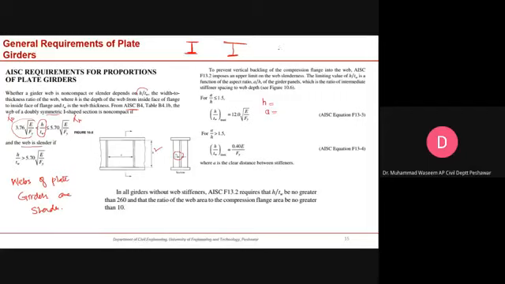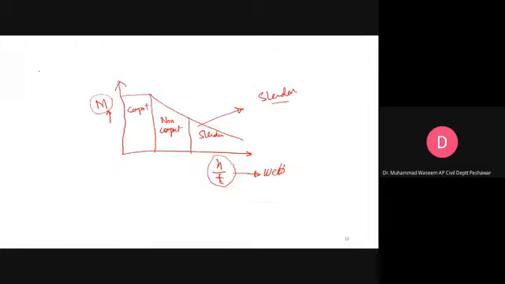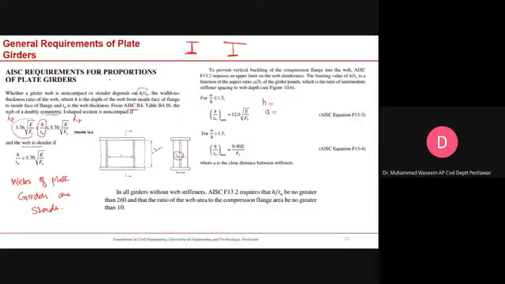For example, if I draw this I-shaped girder, in the longitudinal direction we have to provide some stiffeners, and a represents the distance between the vertical stiffeners.